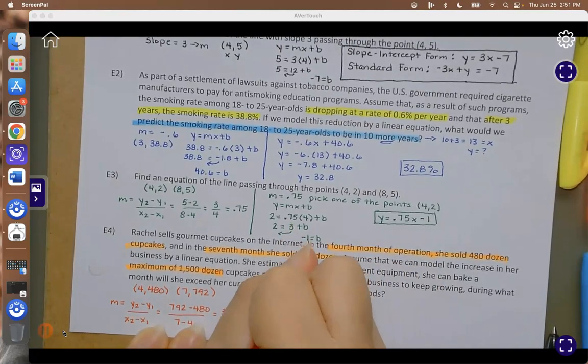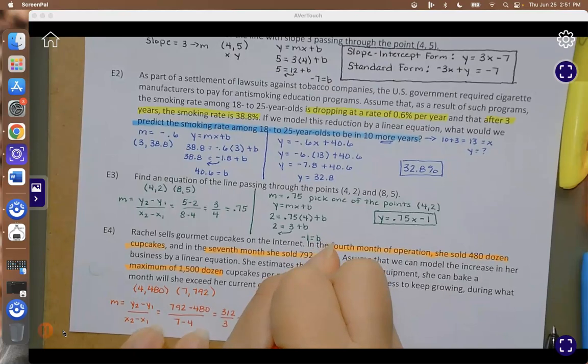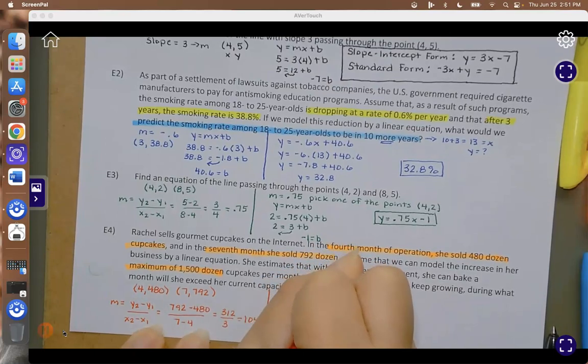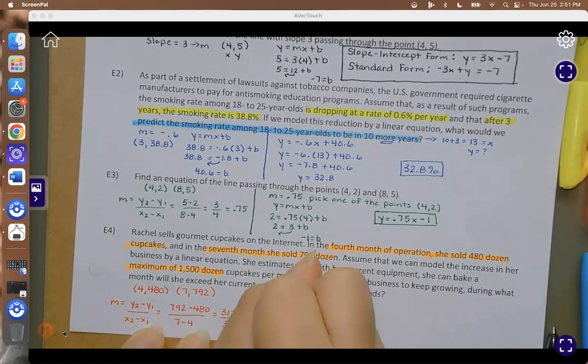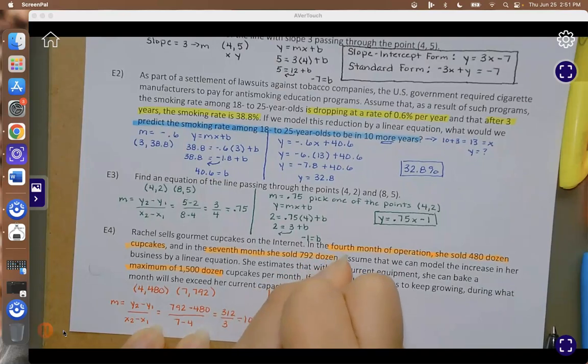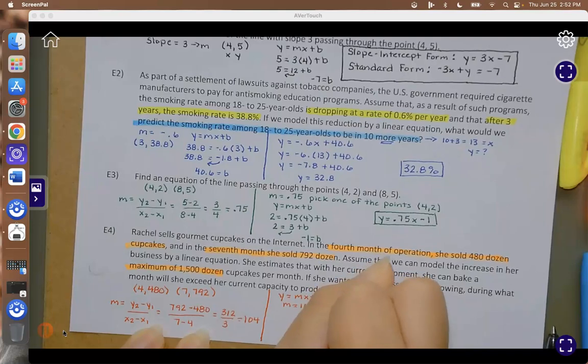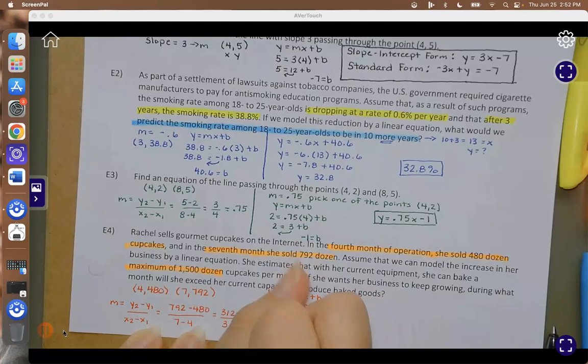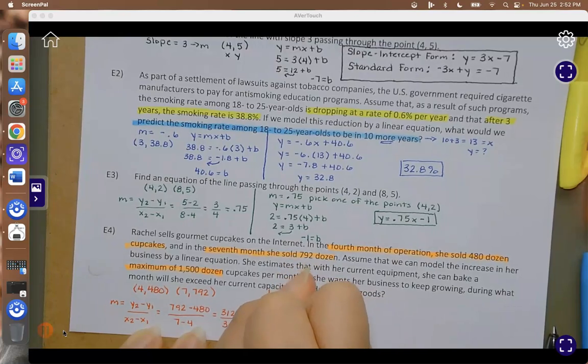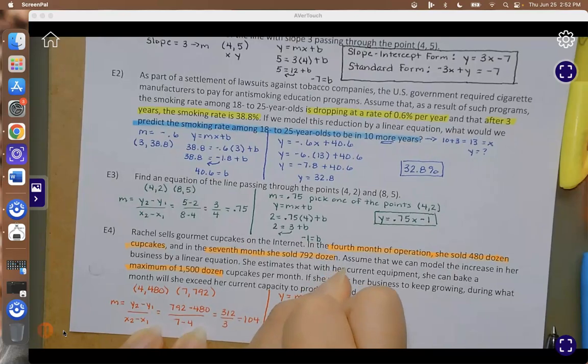So we have y equals mx plus b. We know that our m is 104. And we're going to pick a point, so I always use the first one just to make it easier. So plug them in. So the y is 480, the m is 104, the x is 4 plus b.